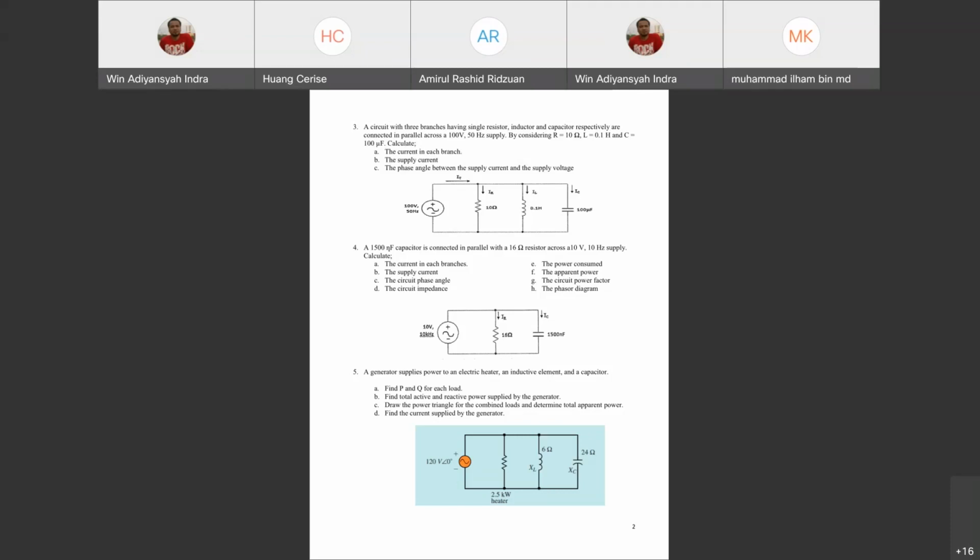Calculate the current in each branch, so find IR and IC. The supply current, I total.